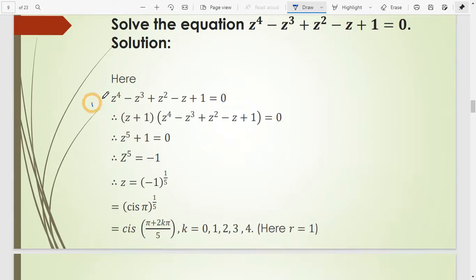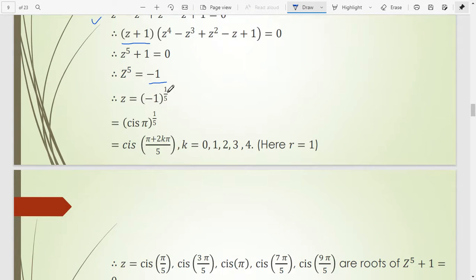Multiplying both sides by z plus 1, and simplifying this, we get z raised to 5 plus 1 is equal to 0. So z raised to 5 is equal to minus 1. So z is equal to minus 1 raised to 1 by 5.